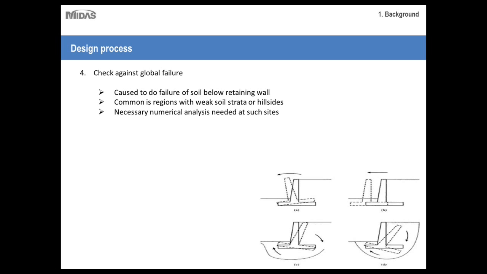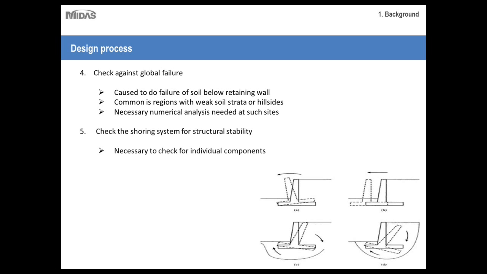For this check, you must perform a numerical analysis on these sites. So once you identify that you are working at one of these sensitive sites with poor ground conditions, it automatically calls for a numerical analysis to assess whether the soil or the slope will fail, causing the global failure of the supporting system.